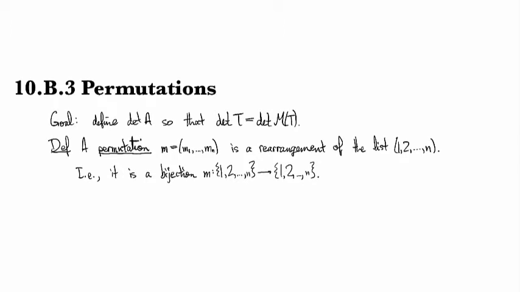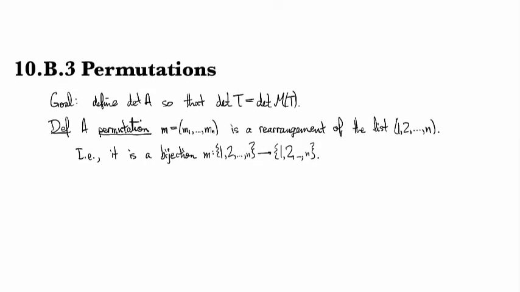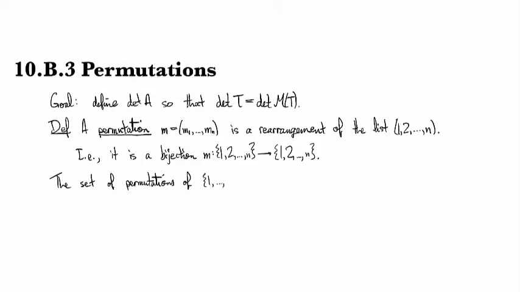So the set of permutations of 1 through n, or actually I guess I'll write these as lists because I think that's what Axler does.